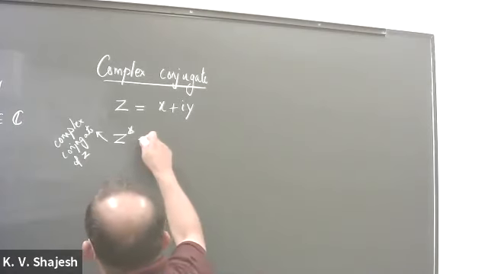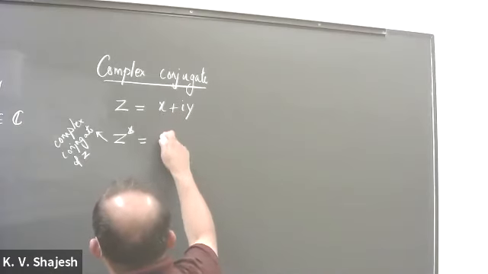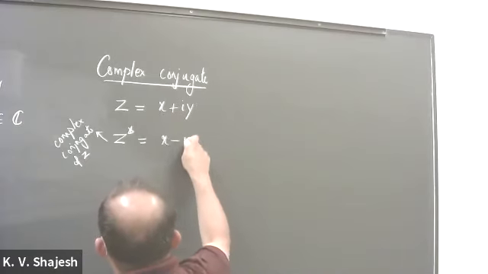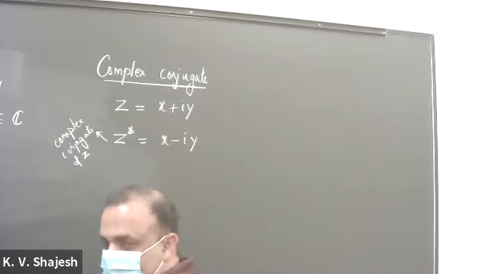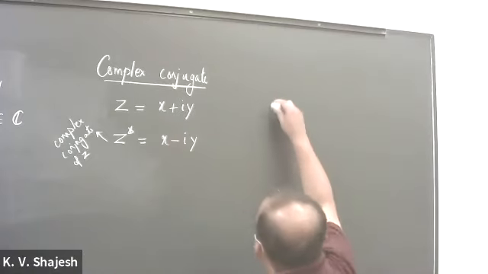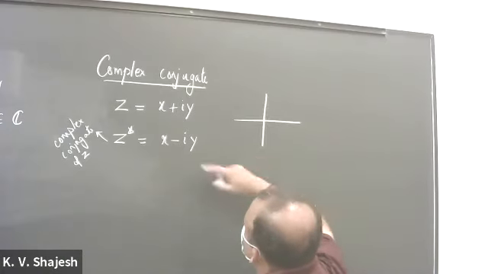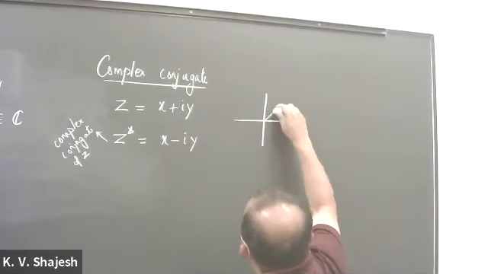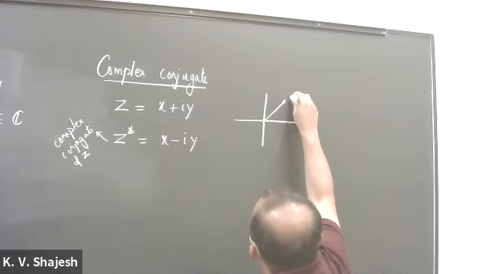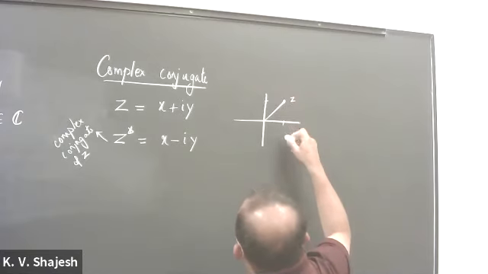So this is equal to, if this is a complex number, then it is x minus iy. So you replace i with minus i. Wherever you see i, put in minus i. And how does it look if you have a complex number z? That's your y, and that's your x.